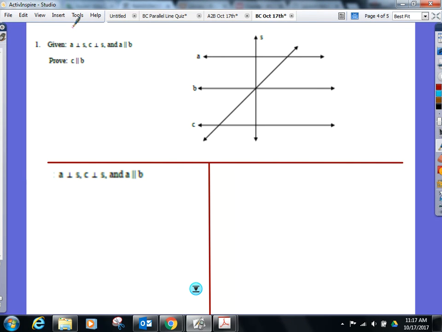I'll give you guys a second to mark or set up anything you want in the first proof. Before we talk, what can I use?